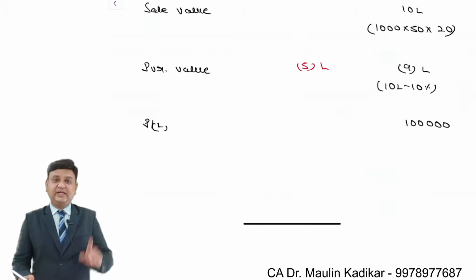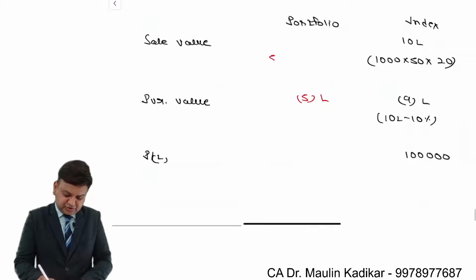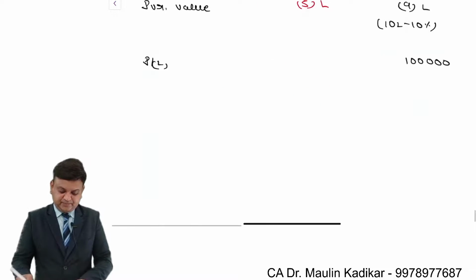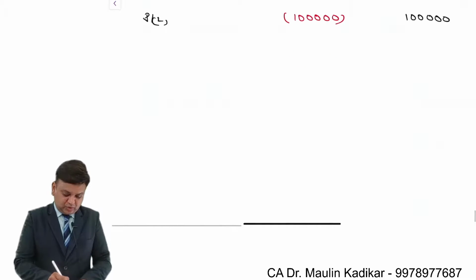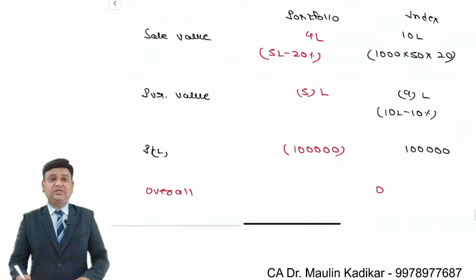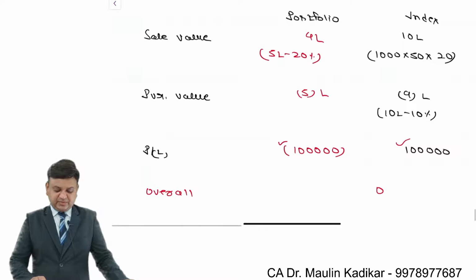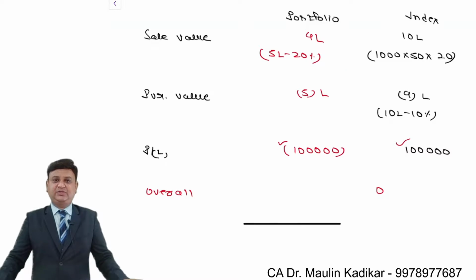Now when the market is declining by 10%, value of your portfolio will fall down by 20%. So 5 lakhs minus 20%, it will be 4 lakhs. So there will be a loss of 1 lakh. So overall, you will have no profit, no loss. This is the way you can see that you are completely hedged. Whatever the loss that you have in your existing portfolio is compensated with the profit in index. This is only for understanding purpose. You may write, you may not write, as you wish.